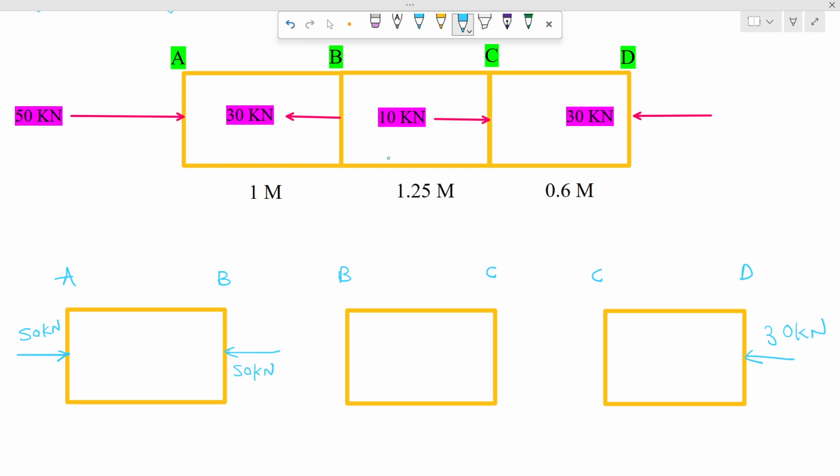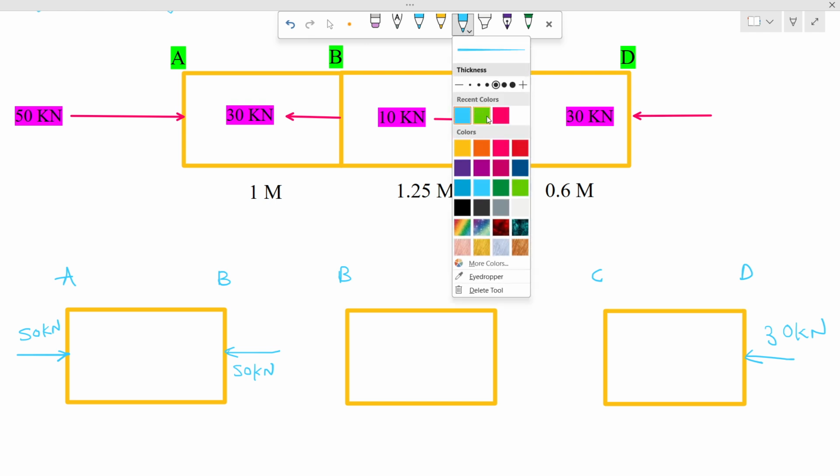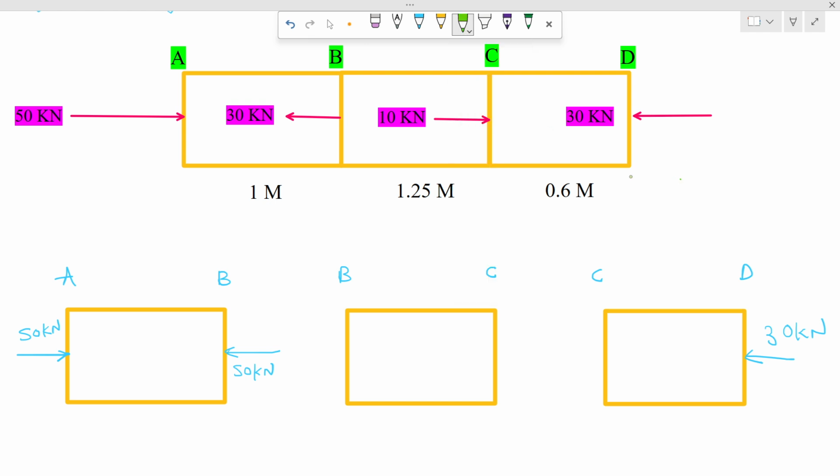I think it is clear till the first part. Now second part is very important and very interesting. Now here you can see in the problem at the junction B there is a force of 30 kilonewton acting towards left.